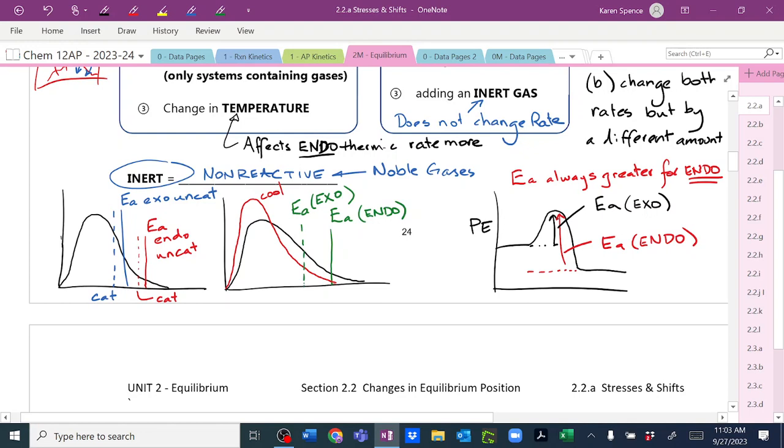Maybe over here, there's another particle. It bounces off and it hits that one. So it doesn't matter that there's other particles getting in the way. Quite frankly, with gases, it's mostly empty space anyway, so it really does not affect it to any great extent, or to any extent.